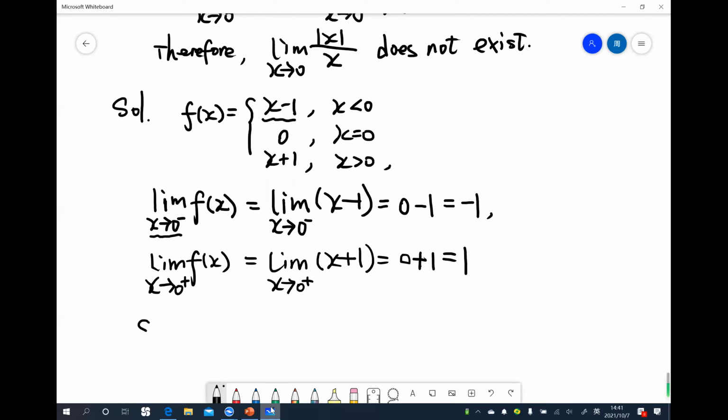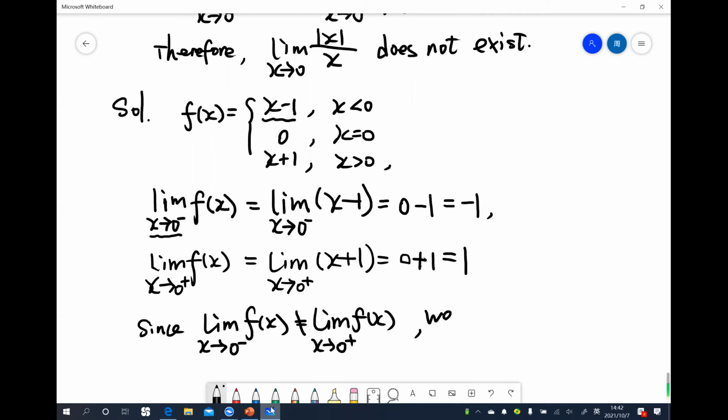And since the left-hand limit does not equal the right-hand limit, you have to write the complete formula. Since we found the left-hand limit does not equal the right-hand limit, the limit of the given function as x approaches 0 does not exist.